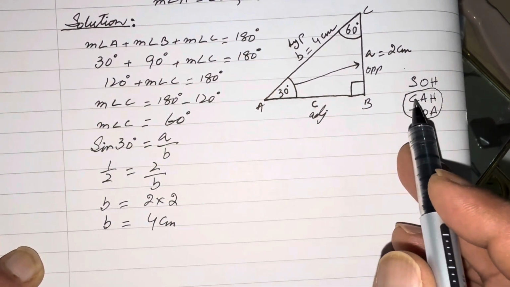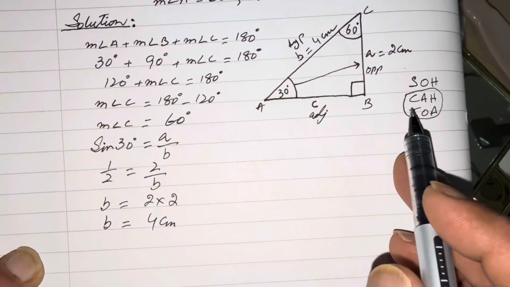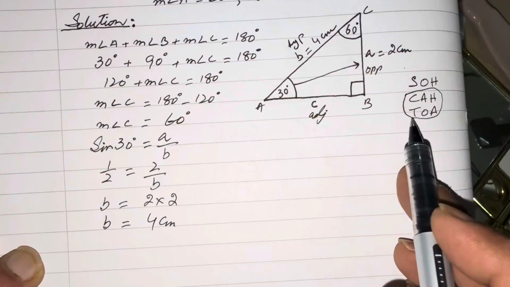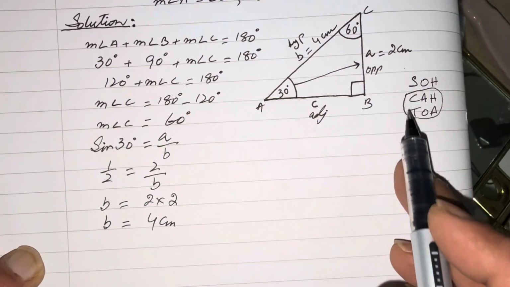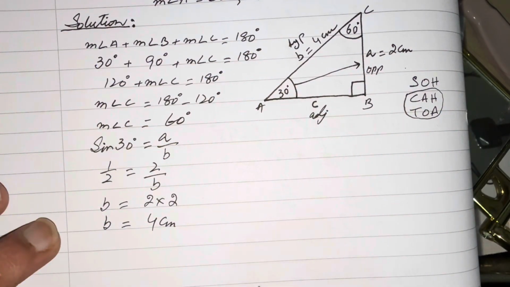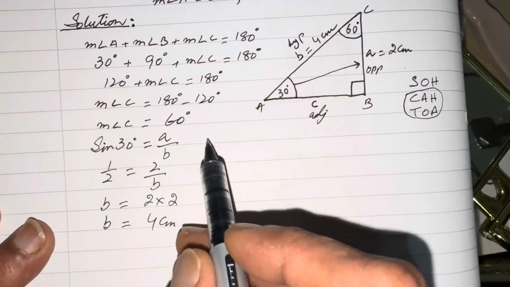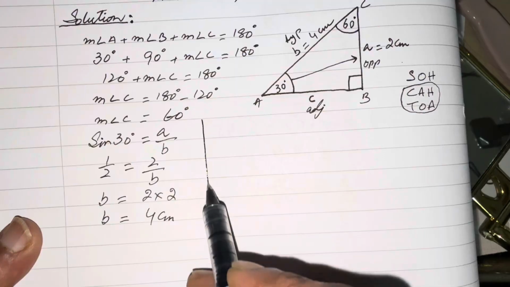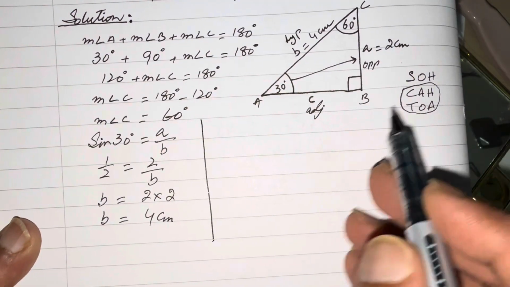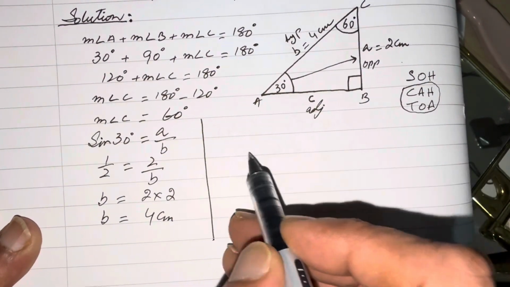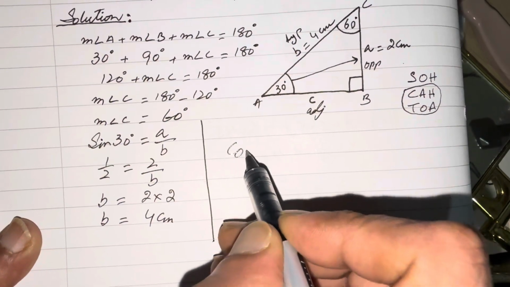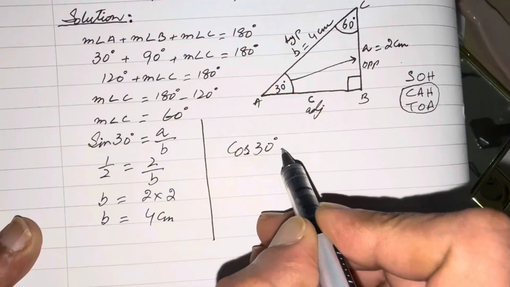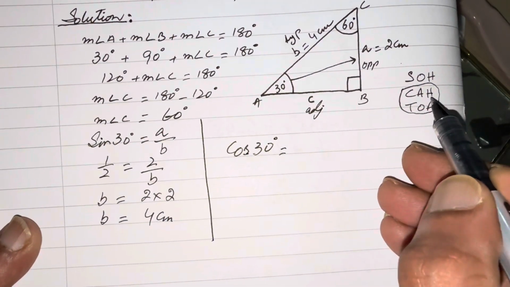The solution: finding the length of the adjacent side by using both these ratios, cos and tangent. If we take cos 30, it will be equal to adjacent over hypotenuse.